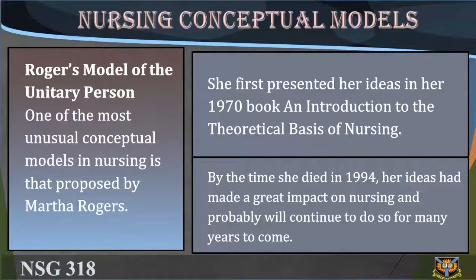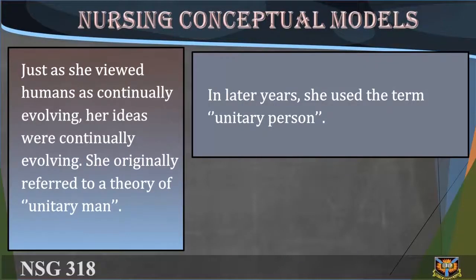She continually refined her model, and when she spoke to groups of nurses in later years, she frequently asked that they discuss her most current ideas rather than those presented in her 1970 book, which she called the Purple Book. Just as she viewed humans as continually evolving, her ideas were continually evolving.